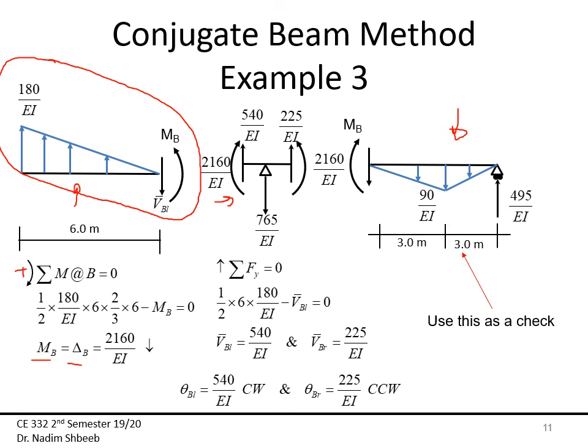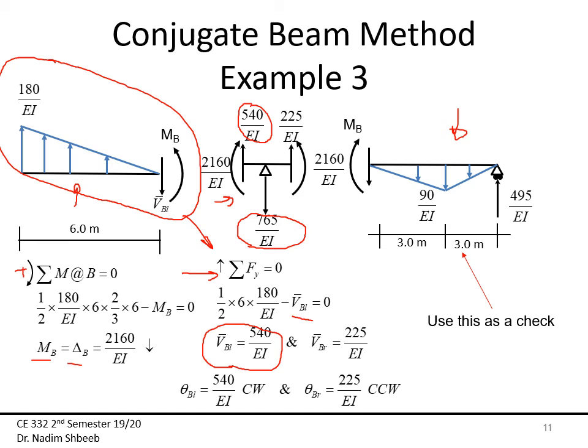So using the equilibrium equations, now here I have the 765 over EI that I found from the previous slide. Here I have a skipped step, which is using for this part right here, the summation of Fy equal to 0. Then from that I can find VB left, and VB left is equal to 540 over EI, which is this guy right here.